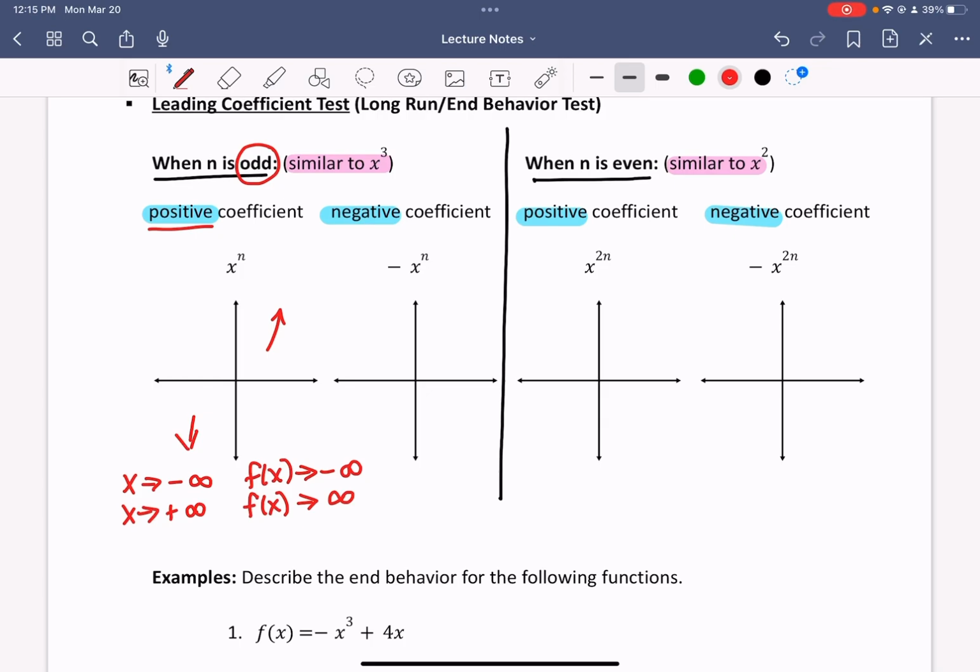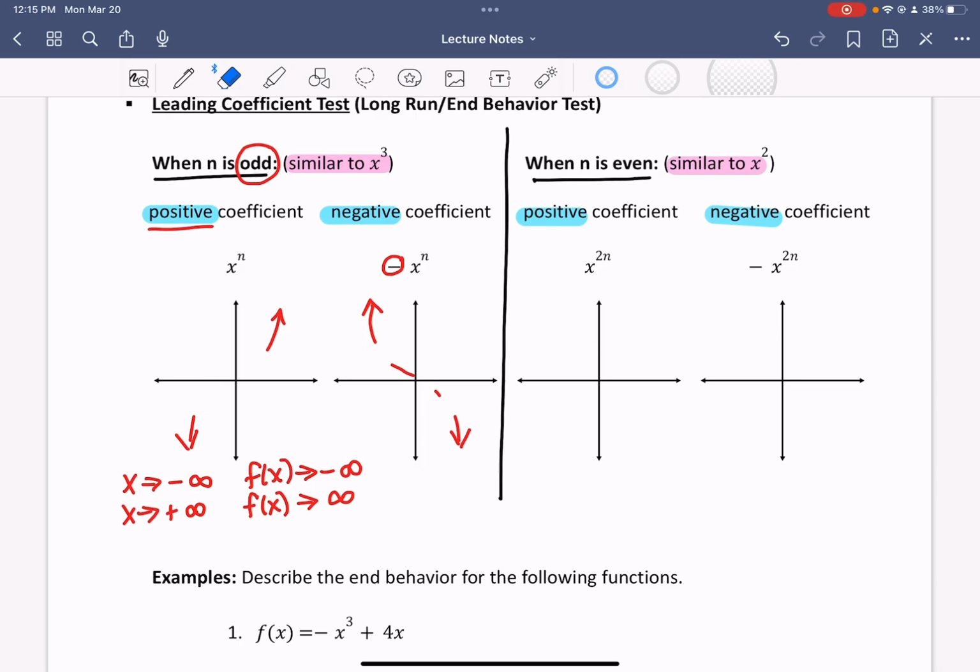Now the negative coefficient, what does it do? We know that a negative in the front does a reflection, so this negative right here is going to flip what we know about an x cubed. And again, this is just going to tell us the end behavior. It doesn't tell us what's going on in the middle. It's just telling us what's going on in the ends. That's why it's known as the end behavior test.